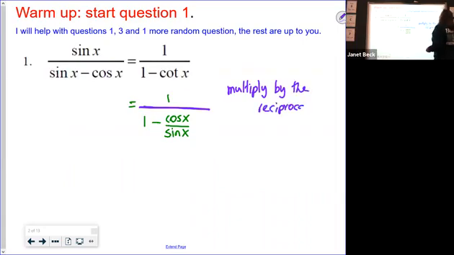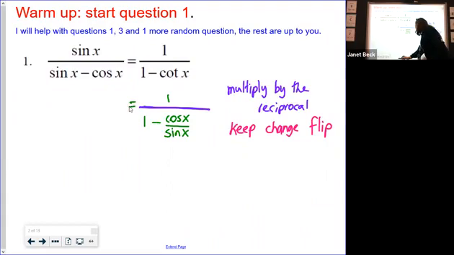And I know a lot of my students say that perfectly, but they don't do it right in practice. There's another way of saying it that might help. When you're multiplying by the reciprocal, what you do is you keep the numerator as it is, change from division to multiplication, and then you flip the denominator. Keep, change, flip. So what we're going to do is keep that numerator as a 1.